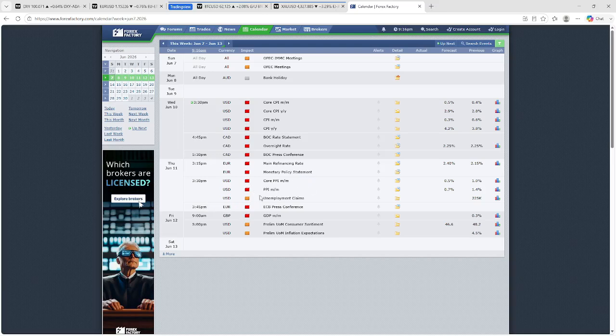And again, on Thursday we also have the core PPI for USD, and last but not least, maybe on Friday we have the GDP for Great Britain pound.